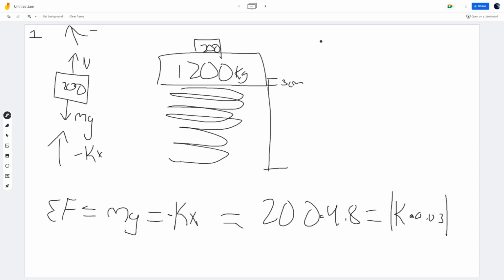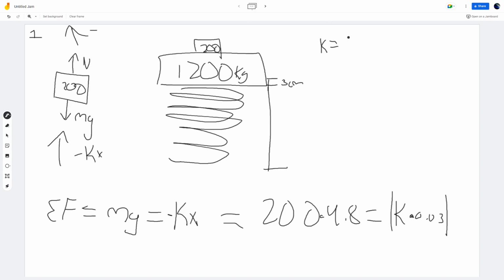So to solve this, k equals 200 times 9.8 divided by 0.03, which gives a very, very, very large value, which I'm a little bit concerned about. Okay, whatever.